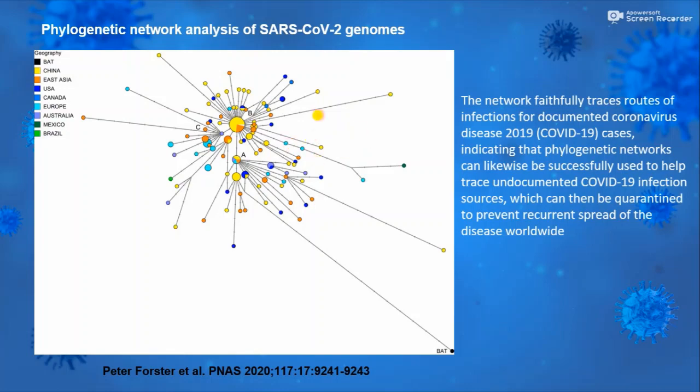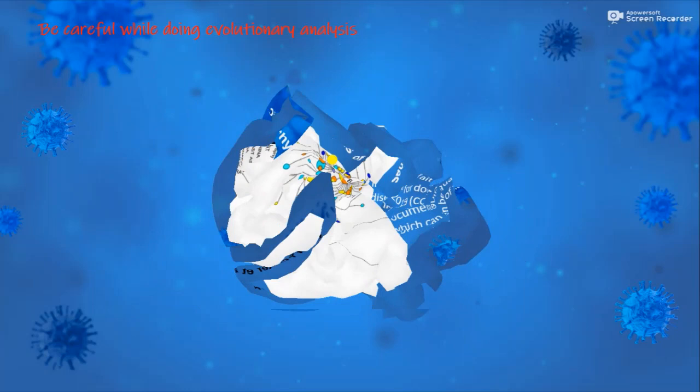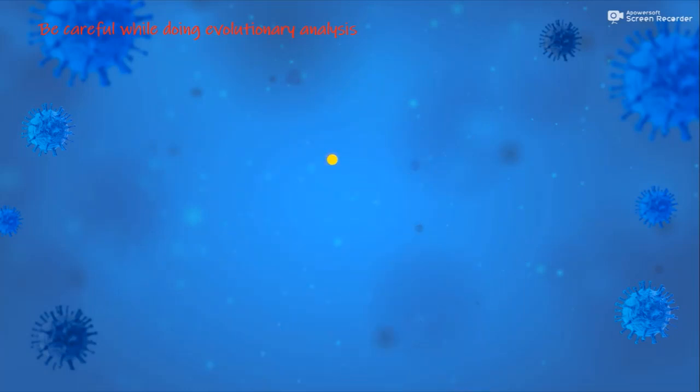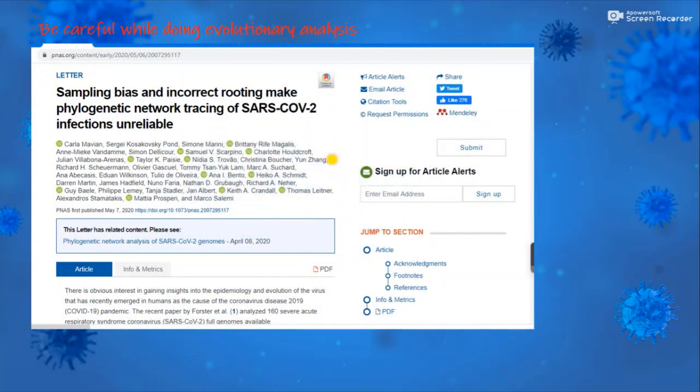So this paper came in the PNAS. Now, we should be a little careful while doing the evolutionary analysis. The reason is that against that paper, a rebuttal came up from different sources, that the sampling bias and incorrect rooting make the phylogenetic network tracing of SARS-CoV-2 infection unreliable.